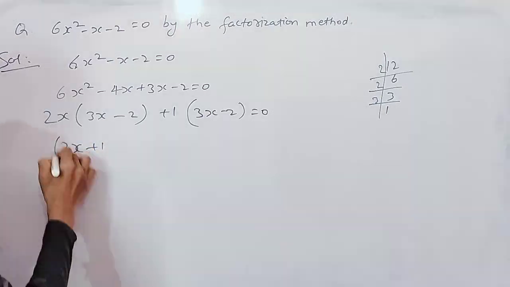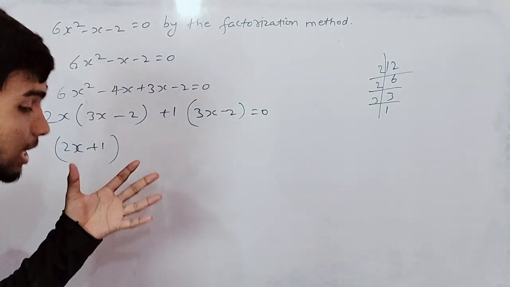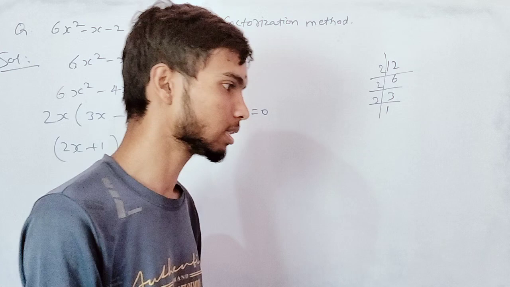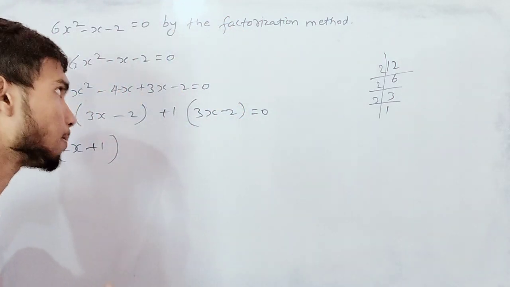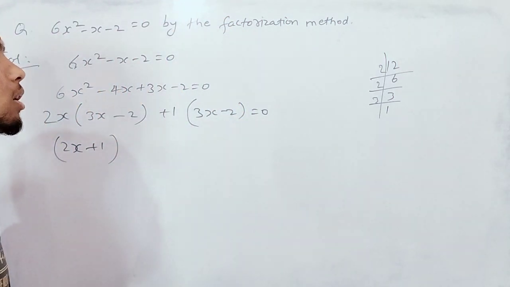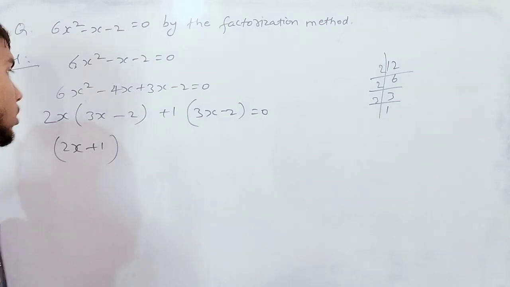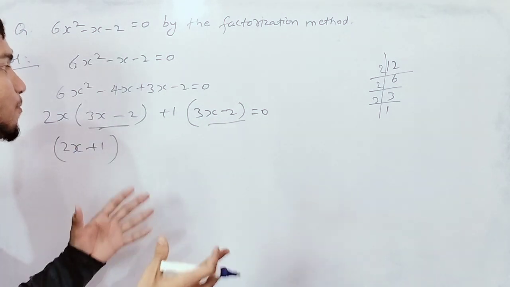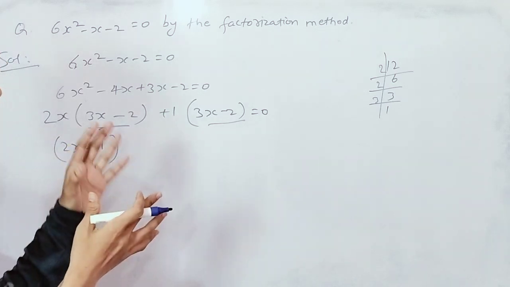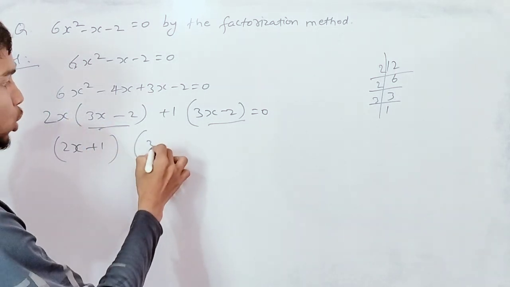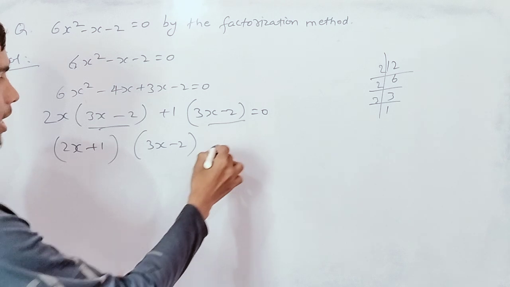You can see terms that are in bracket are same. That's why we take common, one bracket as a common. So 3x minus 2. Clear?